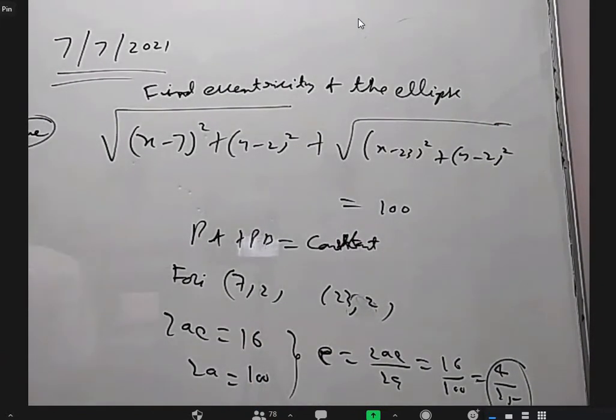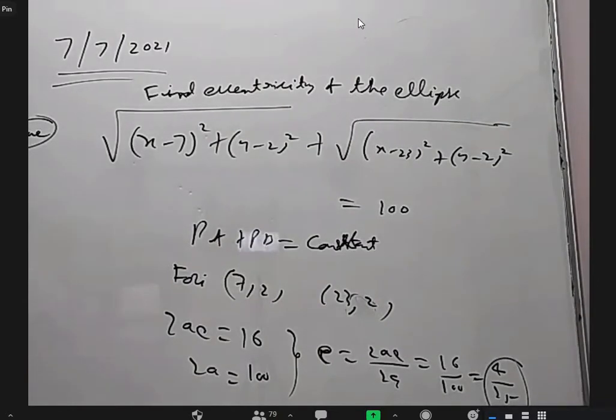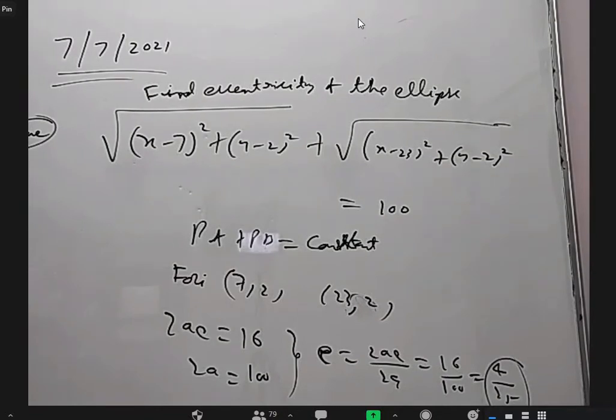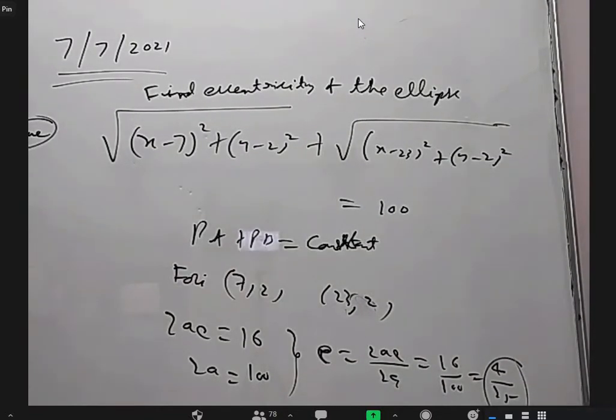So these kinds of questions will be asked in mains, even advanced. Very simple, but it is not like the ellipse is directly given. We have to infer it from the data.